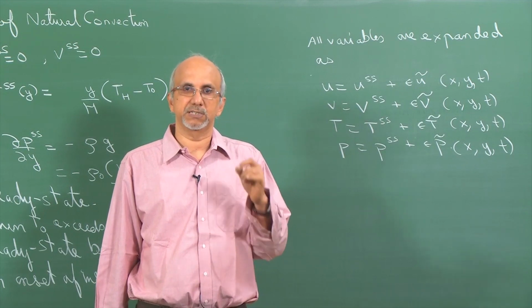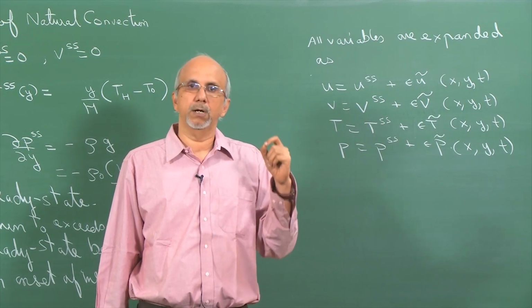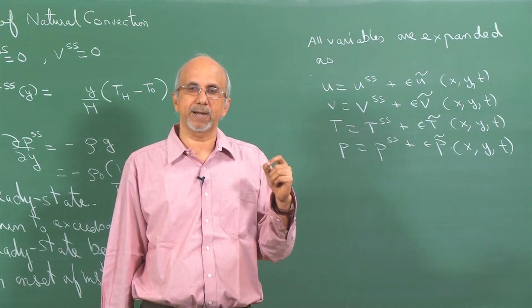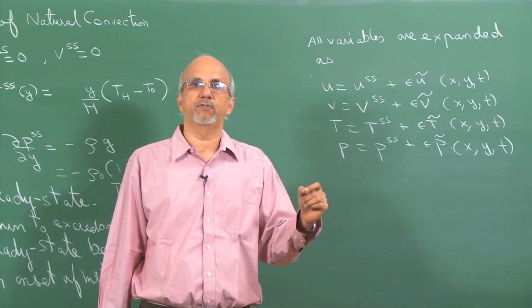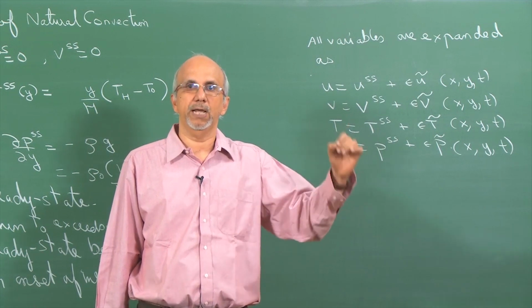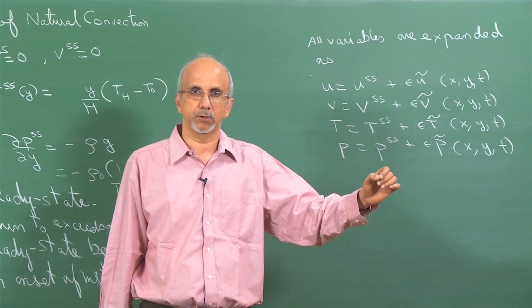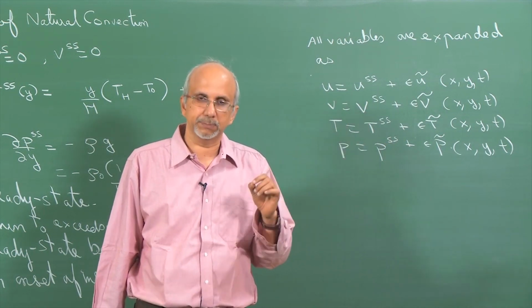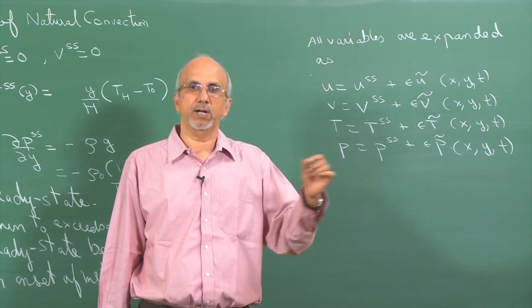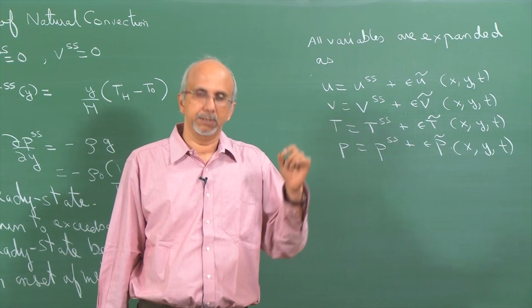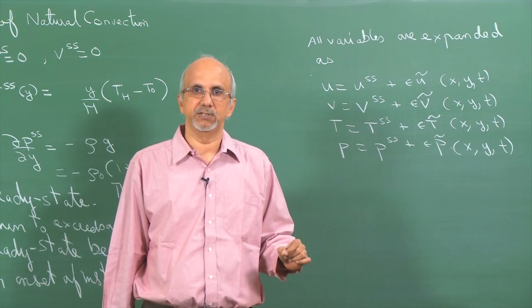In other words, this is similar to doing a Taylor series expansion of a function around a point where you take only the first derivative term, you do not take the higher order derivative terms, okay. And this Taylor series expansion of a function is valid as long as you are not too far away from the point around which you are doing the Taylor series.